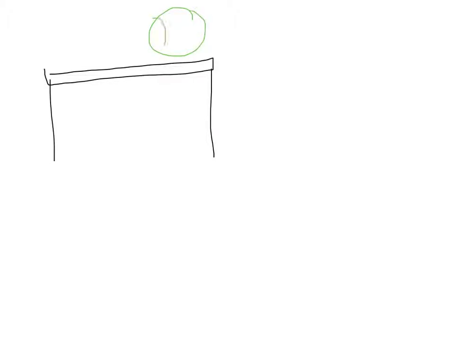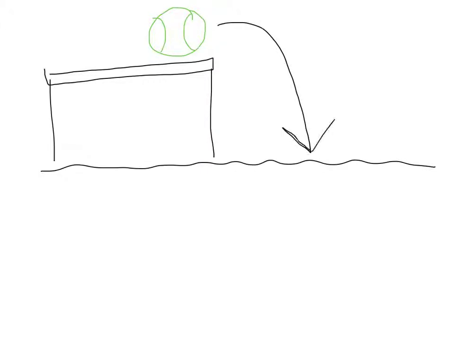So for example, if there was a table, and there was a tennis ball, and the ground is here, and the tennis ball is going to fall from the table to the ground.